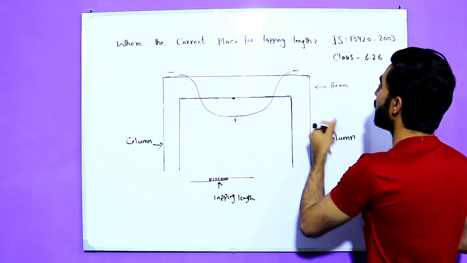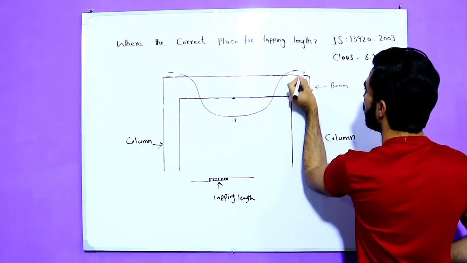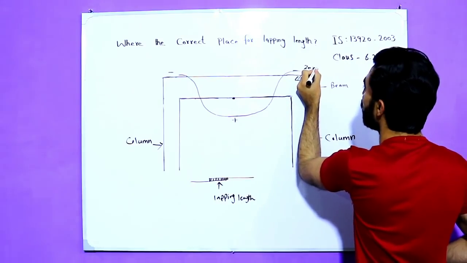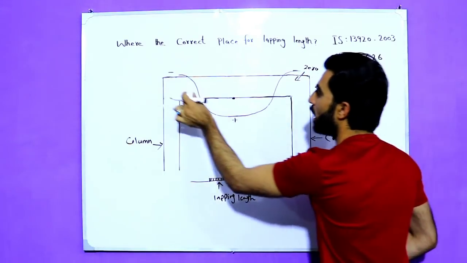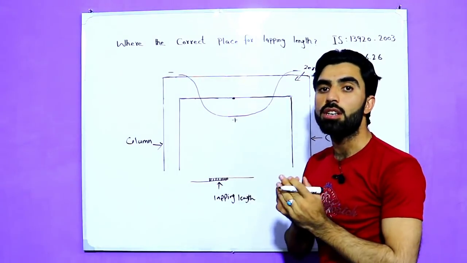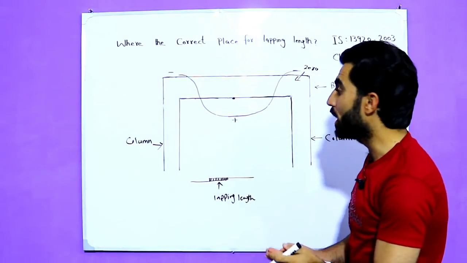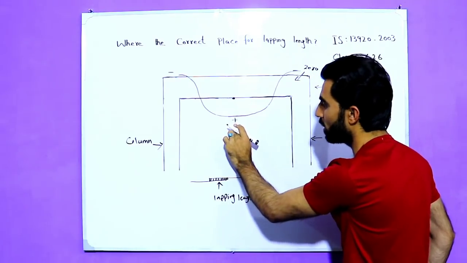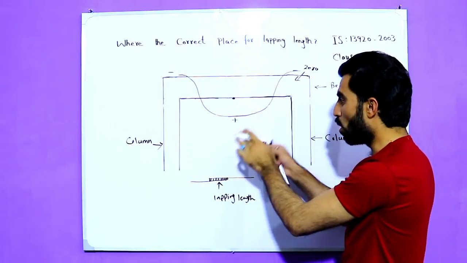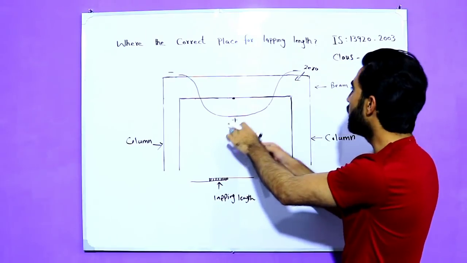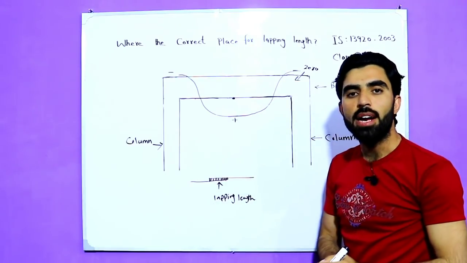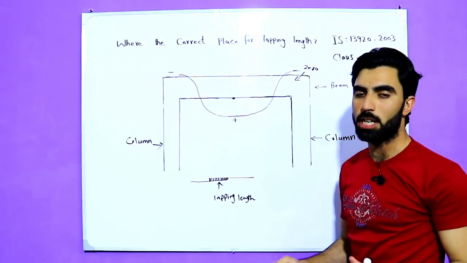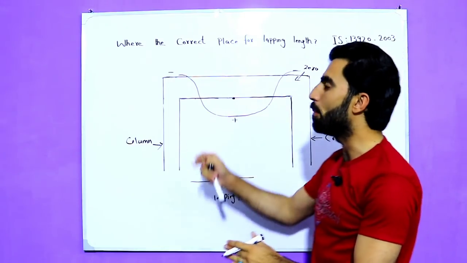And bending moment is 0 at the end of the support. Here and here bending moment is 0 and bending moment is maximum at the mid. As you can see, this is bending positive, maximum at the mid and minimum at the end of the support. So where is the correct place to provide lapping length?